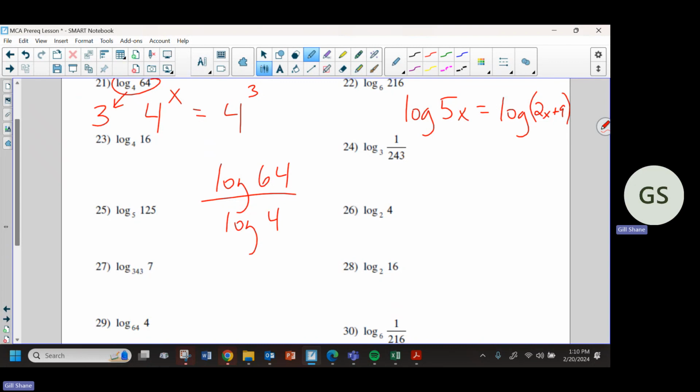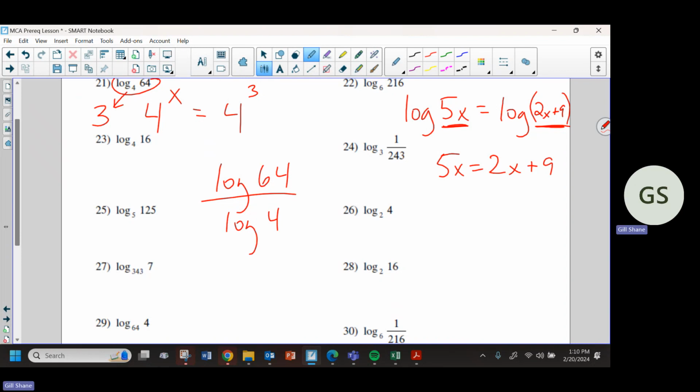There are actually zero logs in it at all. It's algebra. If this is going to equal this, then this has to be the same number as that. That's all it means. 5x equals 2x plus 9. You just said they have to be equal. That's basic algebra.